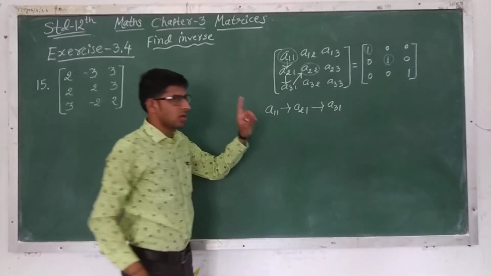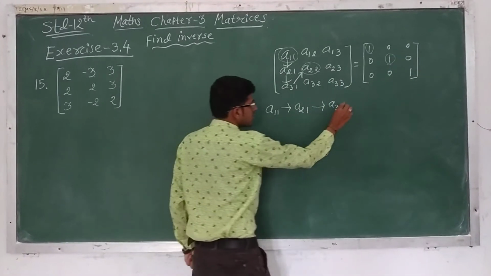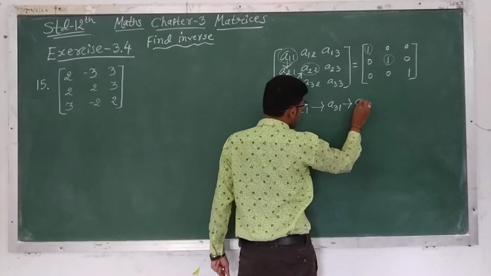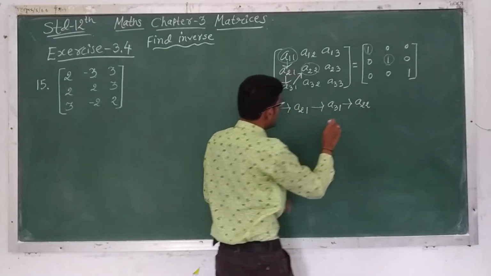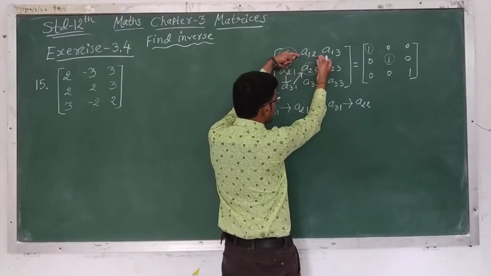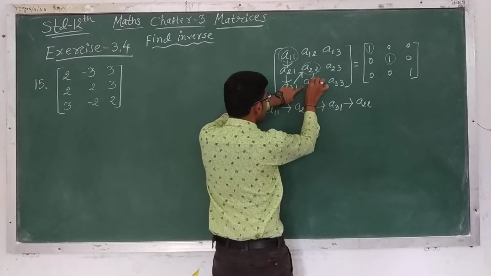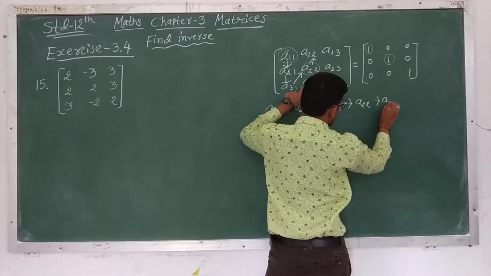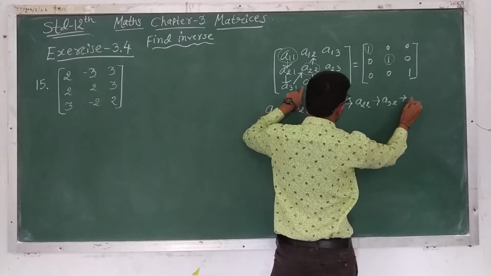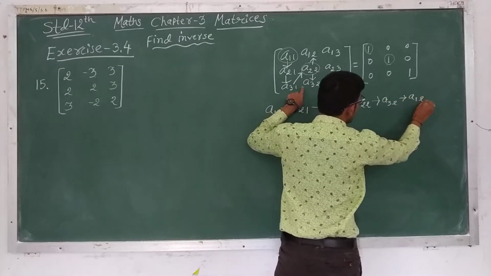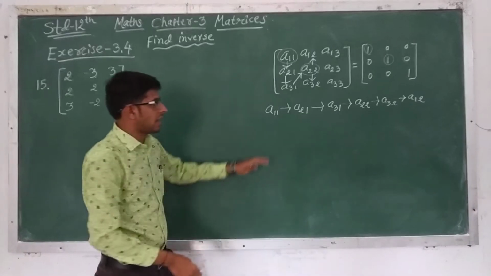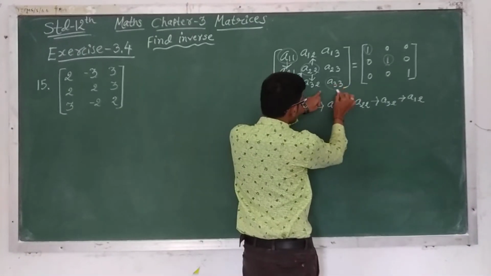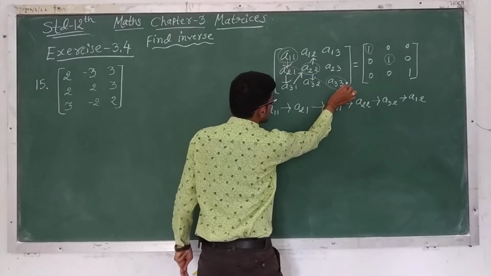So we have to focus only on the diagonal entries. Next we make a32 and a12 elements 0, then we make the a33 element 1.